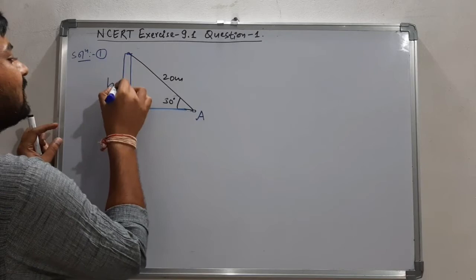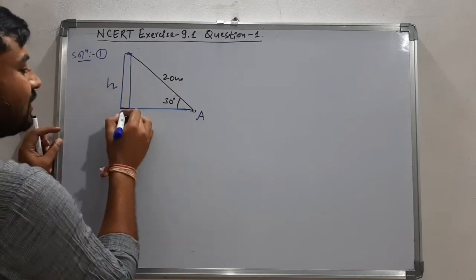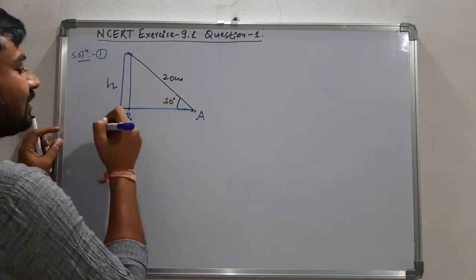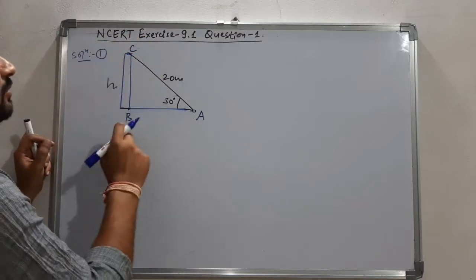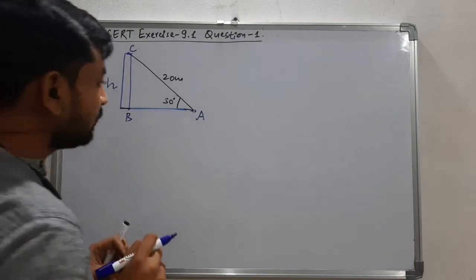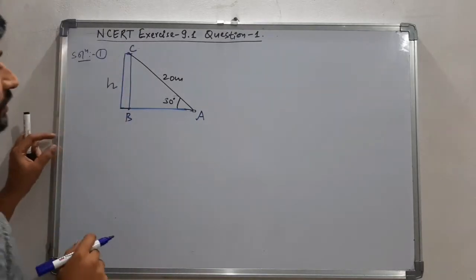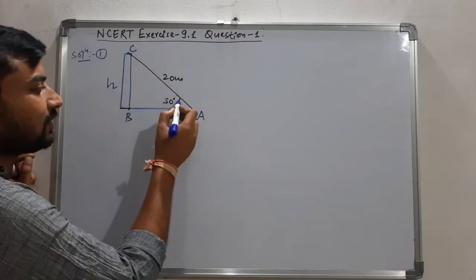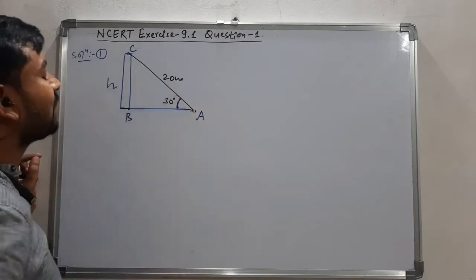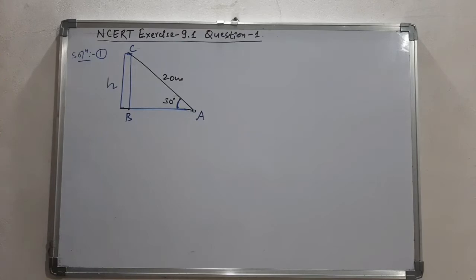Let me assume that the tower of height is h, and this point I am assuming as A, and this will be B and C. So A, B, C. This is the diagram. Now the question is, if the angle made by the rope with the ground level is 30 degree, we have to find the height of tower.